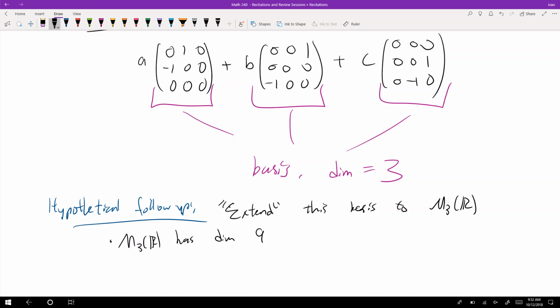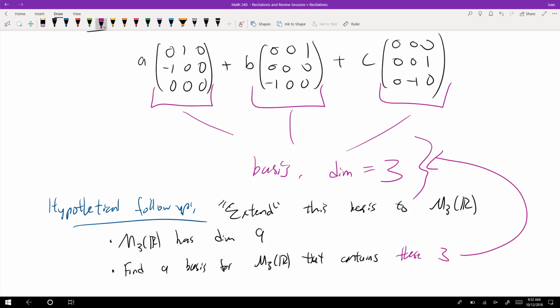To extend this basis to M3R, we need to find a basis for M3R that contains these 3 up here. So we need to find a basis of M3R that contains those 3 elements that we found for the subspace.